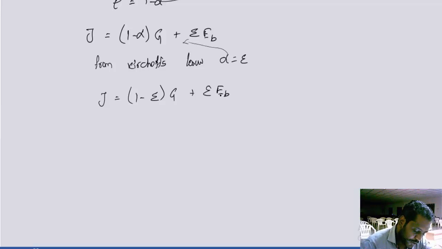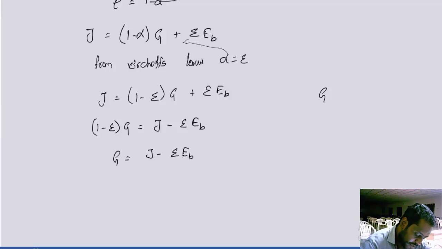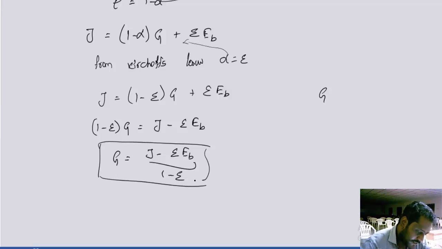Now I am going to derive an equation for G. (1 minus epsilon) into G equals J minus epsilon EB, so G equals (J minus epsilon EB) divided by (1 minus epsilon). This is the formula for G.